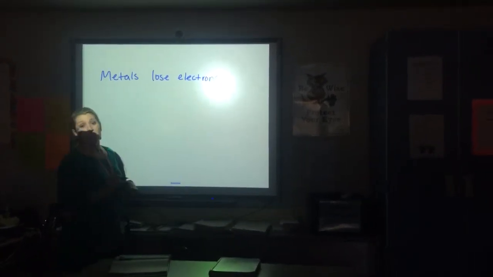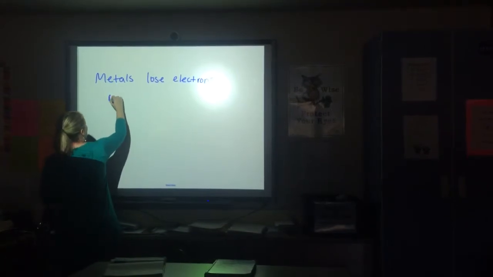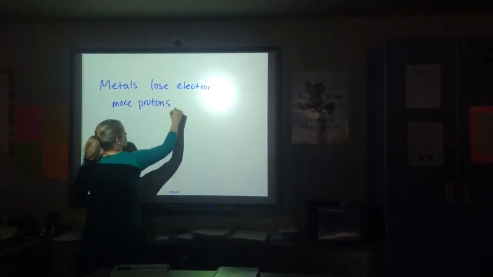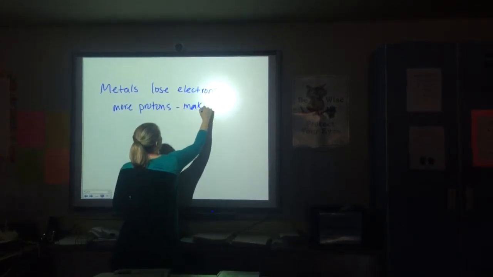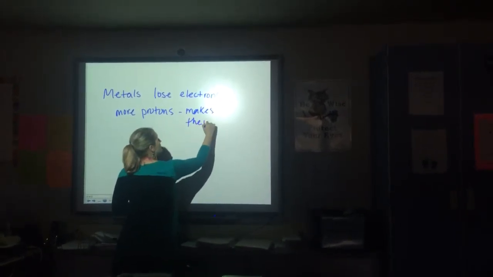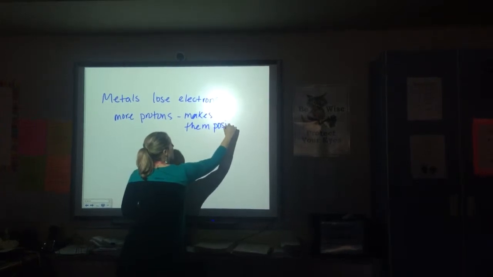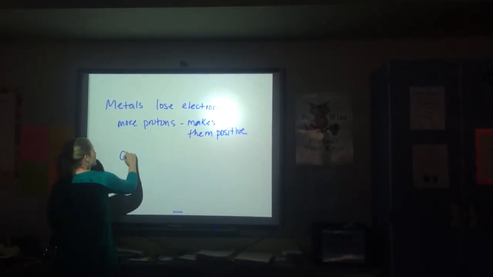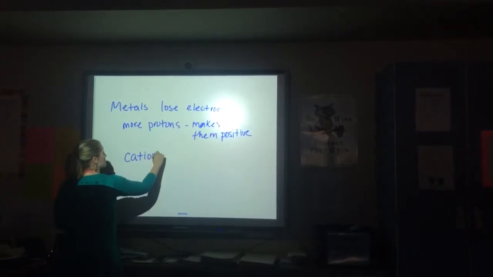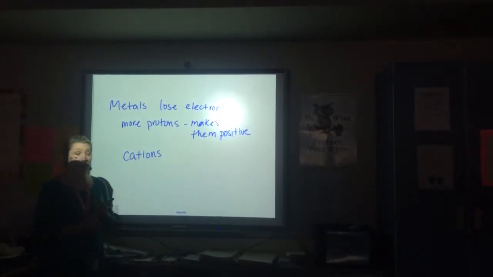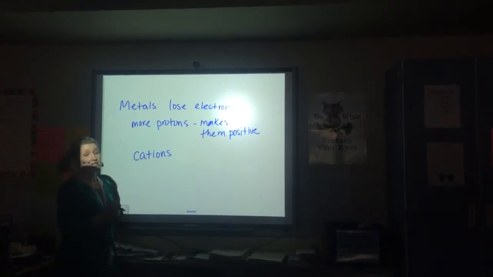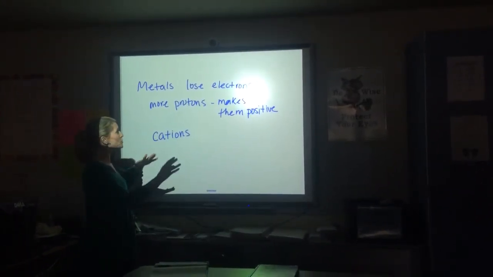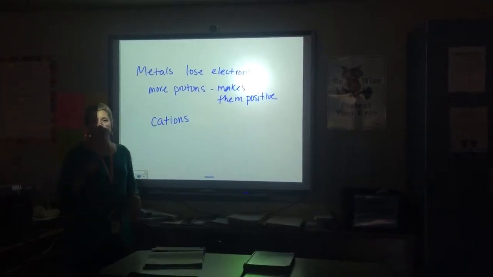And when they lose electrons, they now have more protons, which makes them positive. Okay, they're going to have positive charges, and those are actually called cations. Cations are positive. So your metals tend to lose electrons because they're not happy, and when they lose their electrons, they now have more protons.